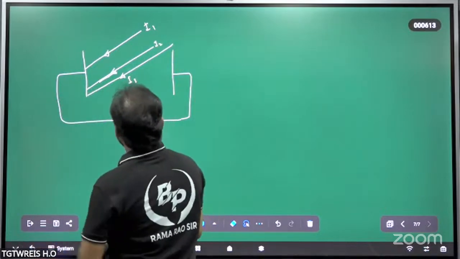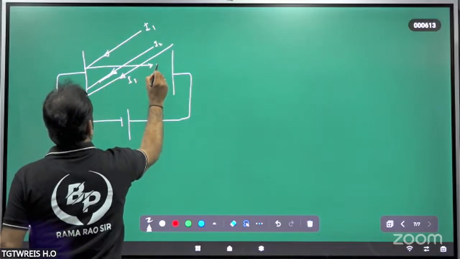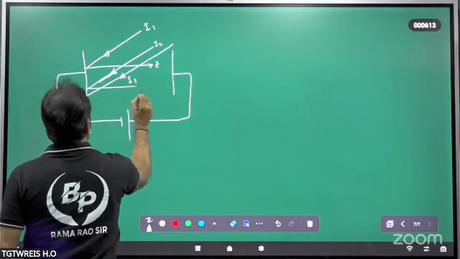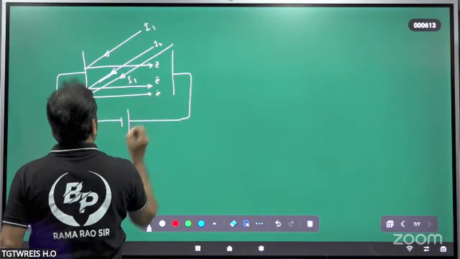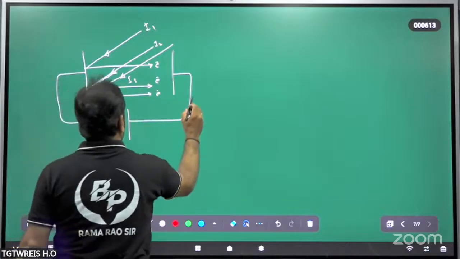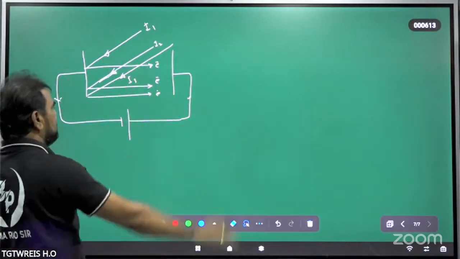I1 intensity of light emits some electrons, I2 also emits electrons, and I3 also emits electrons. These emissions of electrons produce the respective currents in the circuit.